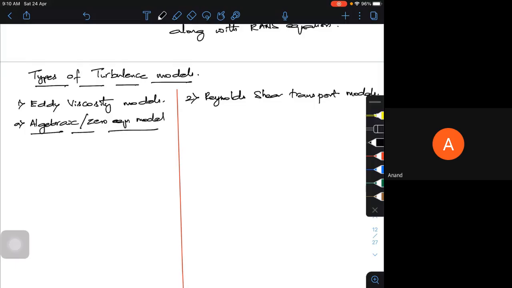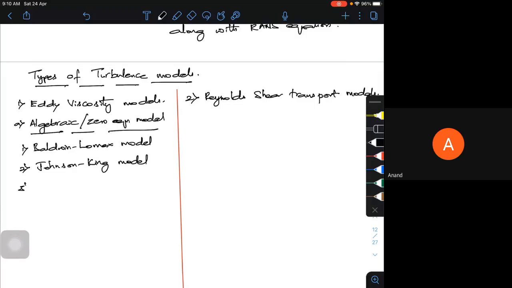Under this, let's try to name a few. Among them, the famous one is the Baldwin-Lomax model, which is extensively used. Then we have the Johnson-King model.